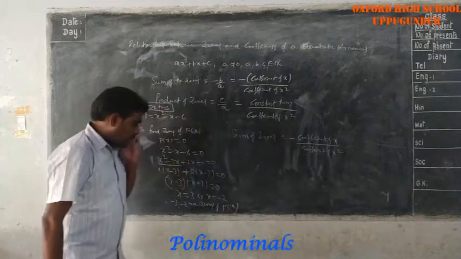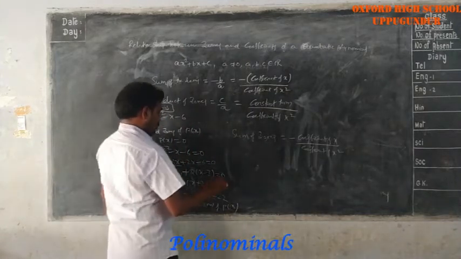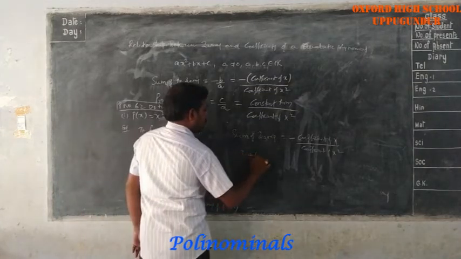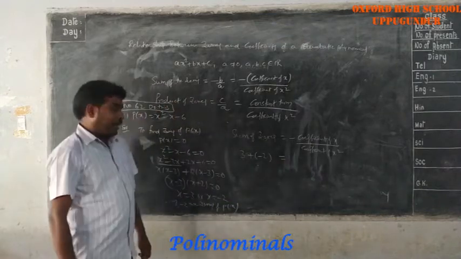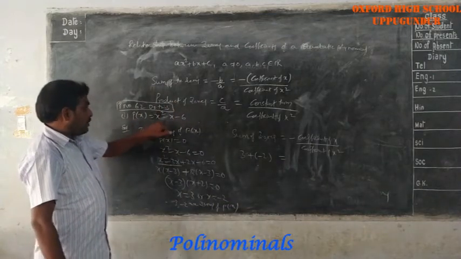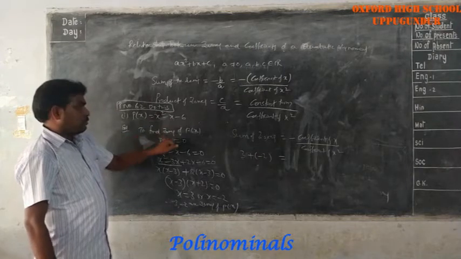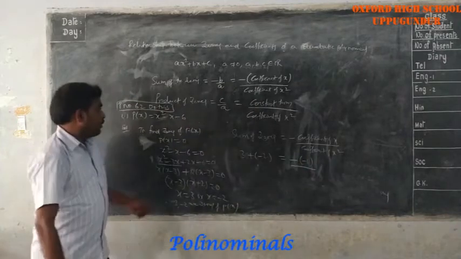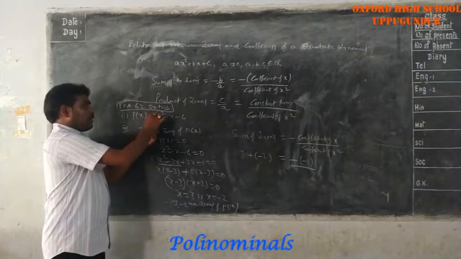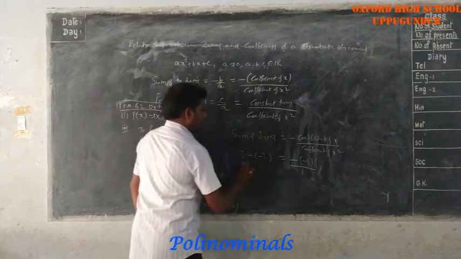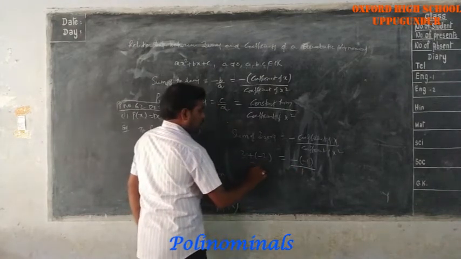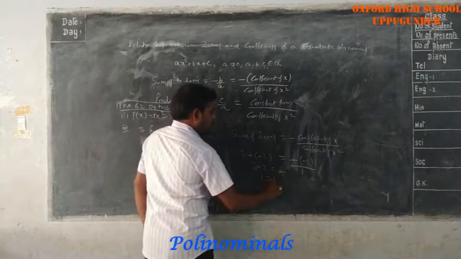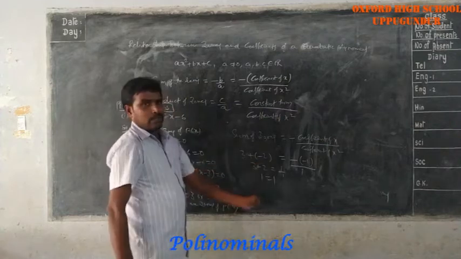These two are the zeros, 3 and minus 2. So 3 plus minus 2 equals minus coefficient of x. Here the coefficient of x is minus 1, so minus of minus 1 by coefficient of x square, which is 1. So 3 minus 2 is 1, and minus of minus 1 by 1 is 1 by 1. So 1 equal to 1. Sum of zeros is verified.